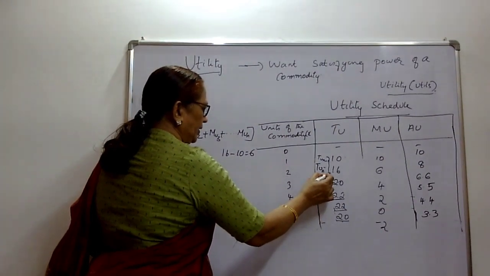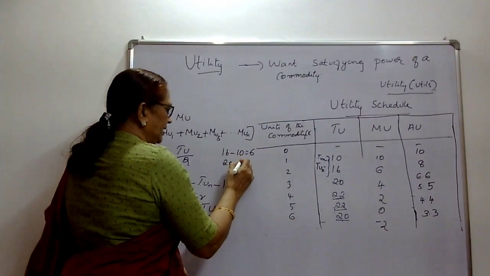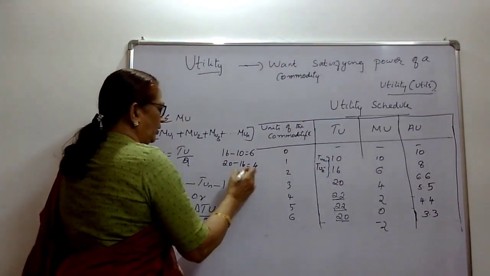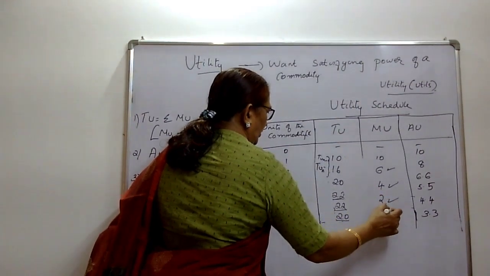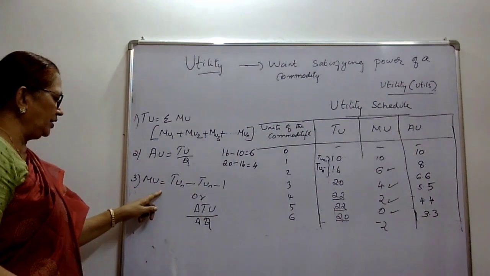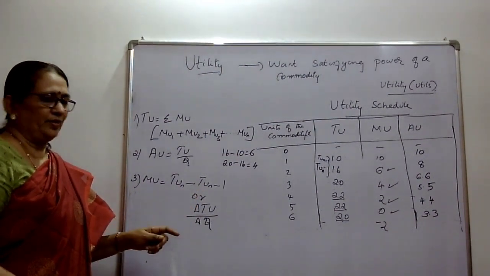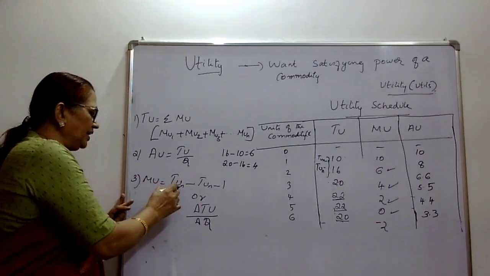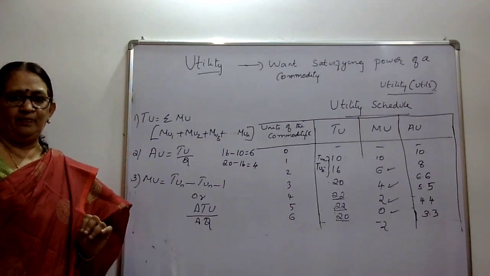N minus 1 unit, 16. So, 20 minus 16 is equal to 4. 6, 4, 2, 0. This way it is calculated. Okay. So, marginal utility is equal to TU n minus TU n minus 1, means total utility of the nth unit minus total utility of n minus 1 unit.